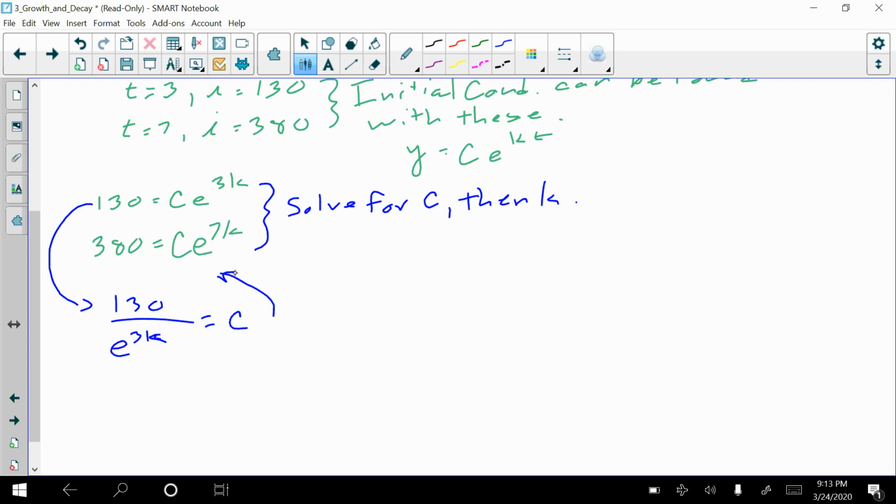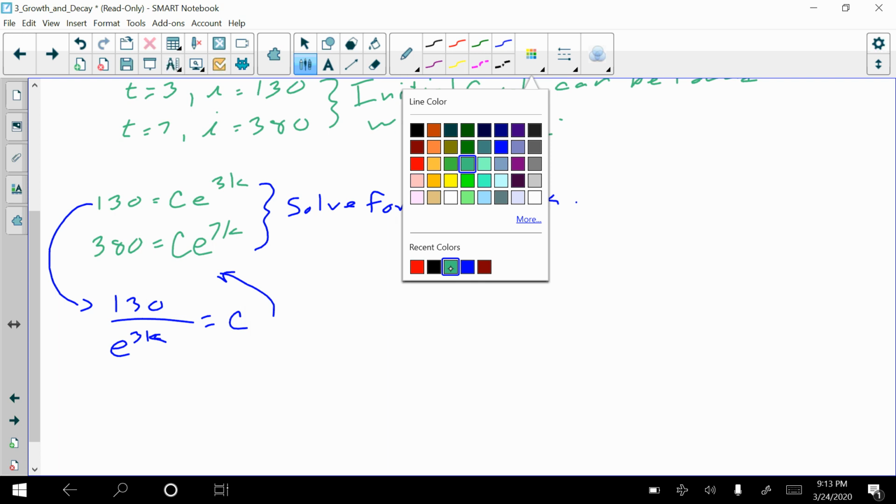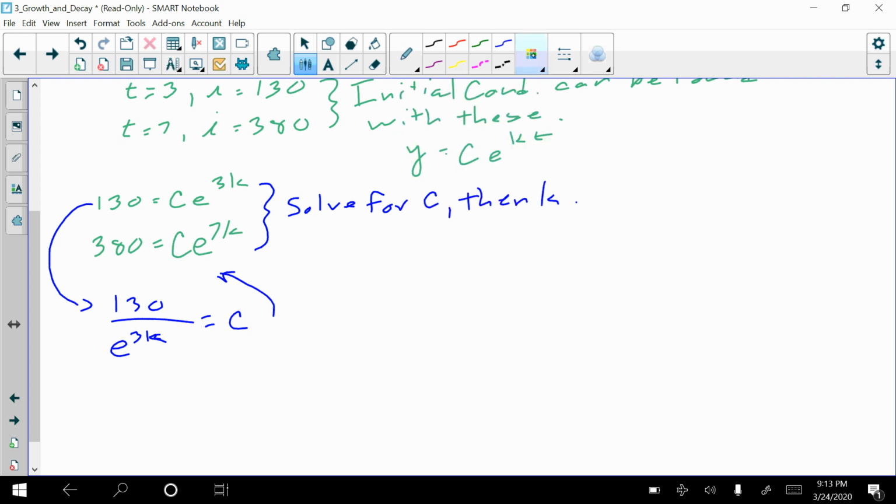And let's do that in another color. So let's go red here. I'm going to take this expression and substitute it into the second equation that also contains C. Now remember, C is going to be the same. It's the initial amount present when you begin your process of whatever the exponential growth or decay is.